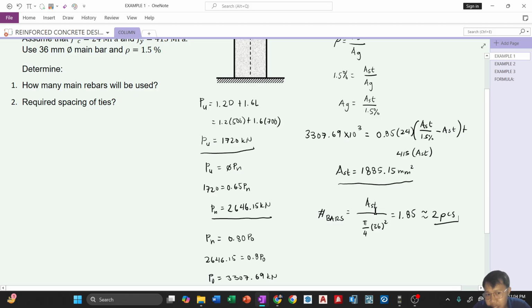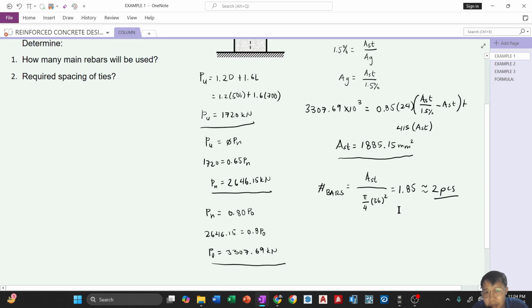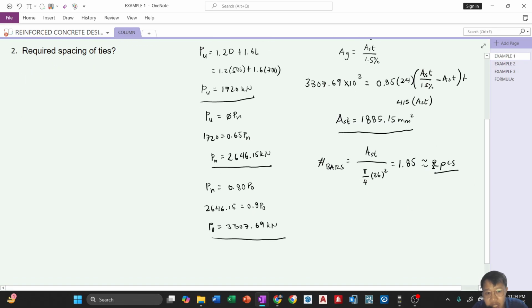Okay? Is this correct? Although ang sinasabi ng ating or yung nakuha natin ay 2 pieces, take note na merong sinabi si NSCP sa atin na for rectangular tied column, the minimum number of bars is 4 pieces. So this answer should be rounded off to 4 pieces.